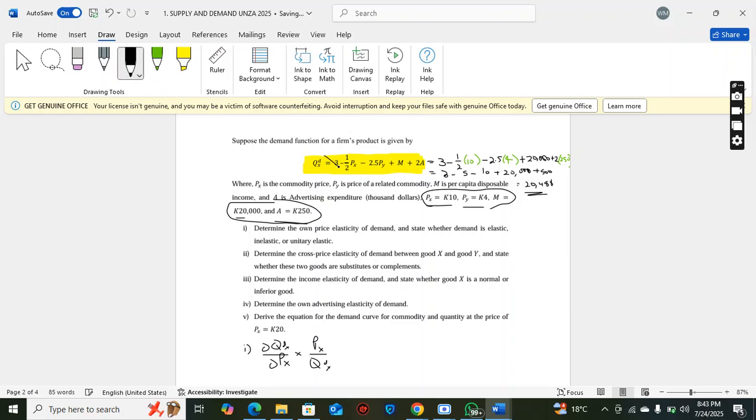So this 3 disappears, this negative 2.5 Py disappears, this M disappears, this 2A disappears. So what we are deriving is only this negative half Px. That's all that we are deriving, this negative half Px. So to derive this negative half Px, just say negative half.